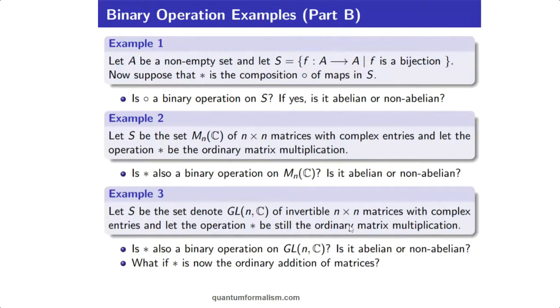If you are having problems with this being too general, you can just imagine 2 by 2 matrices that are invertible as a toy example. Now consider the star to be again the ordinary matrix multiplication. So the question is whether this also defines a binary operation on this set, and is it abelian or non-abelian? Non-abelian, okay. What about the addition?